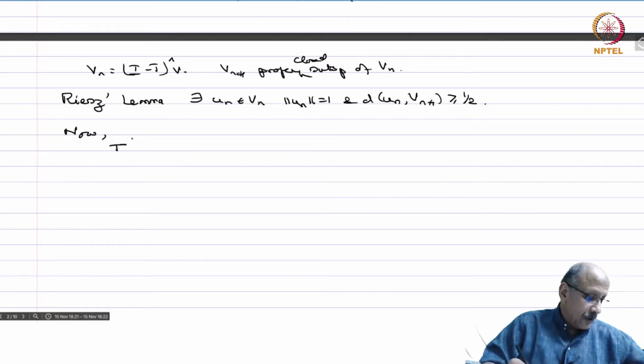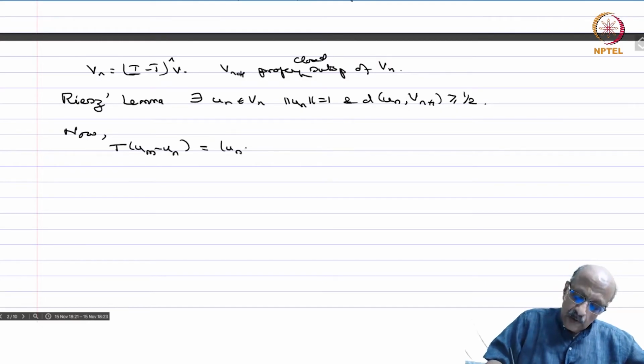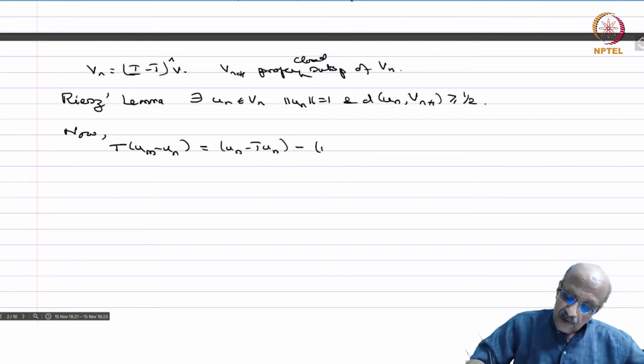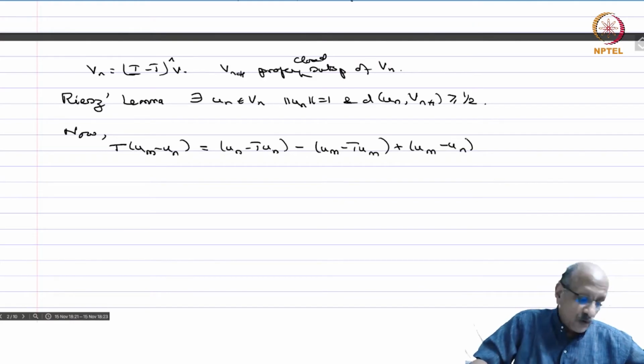Now T of un minus T of um can be written as un minus Tum, and we have to remove the un, so plus minus un.